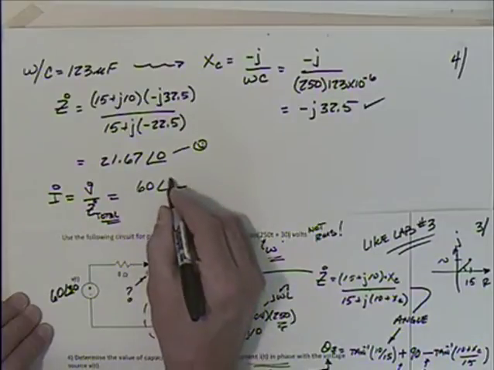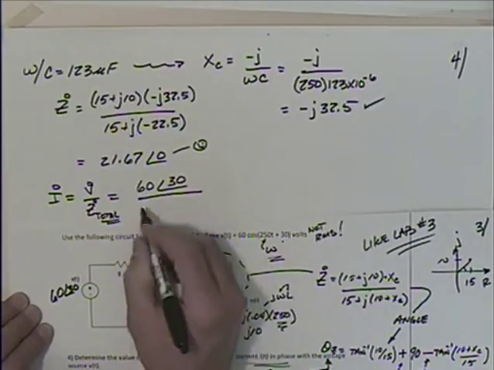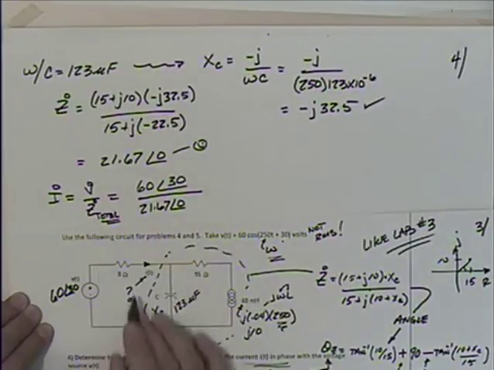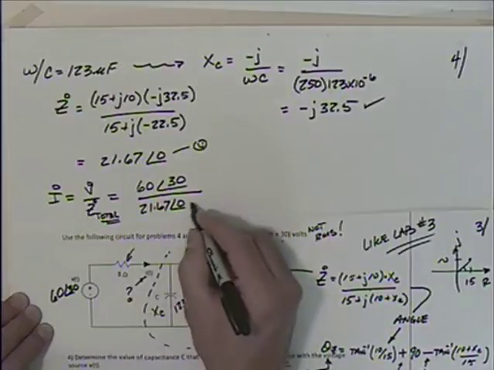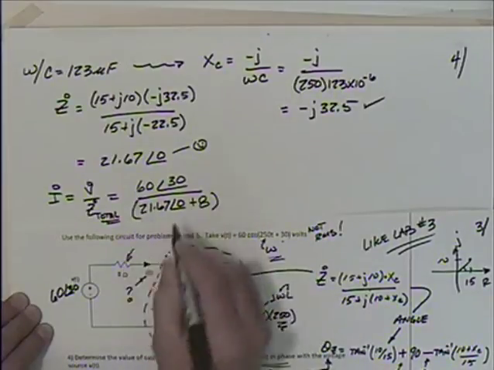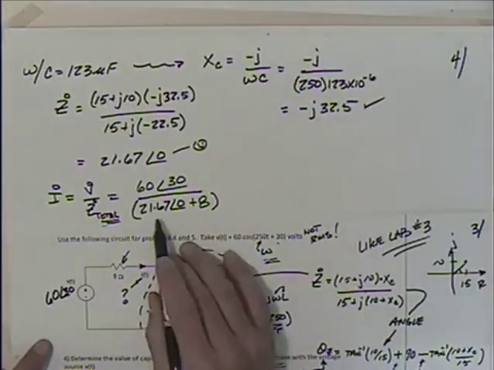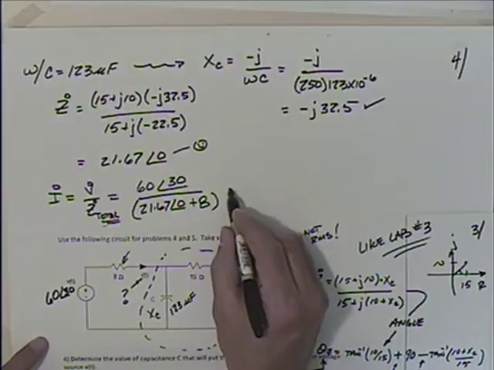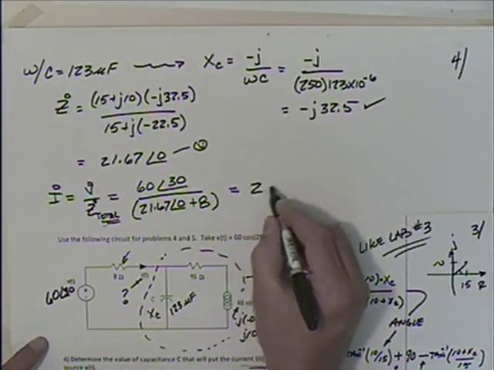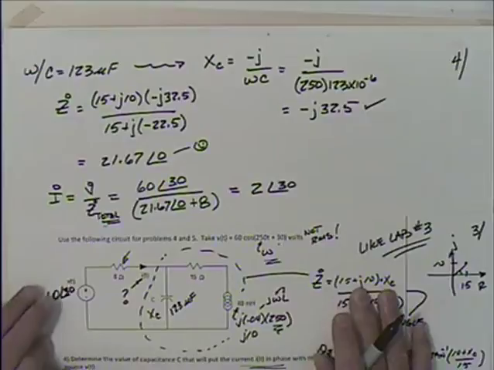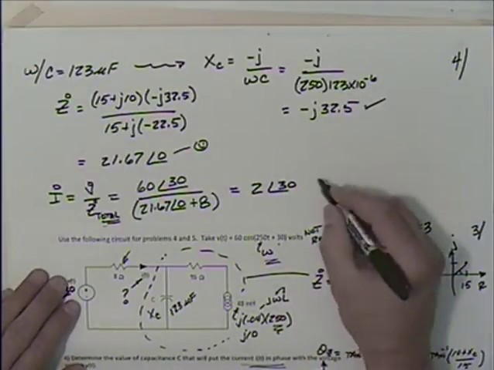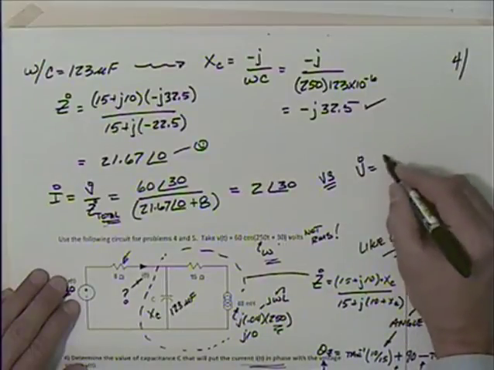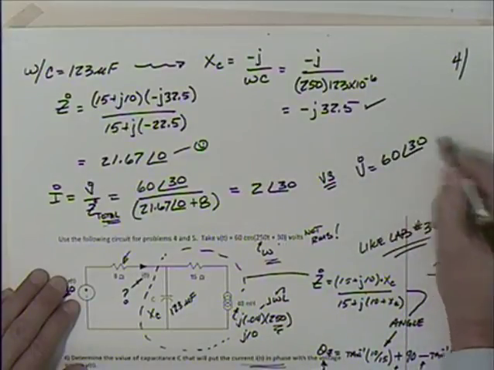So I have 60 at 30, and then I'm going to divide this by 21.67 at 0. And then because this is total, I have to add this thing in, right? Plus 8. And again, you'll be glad you have your calculator because you got a polar and a rectangular. You add those together, and when you get done with this, that turns out to be 2 at an angle of 30. So that's the current versus the voltage. That was 60 at 30. They're in phase.